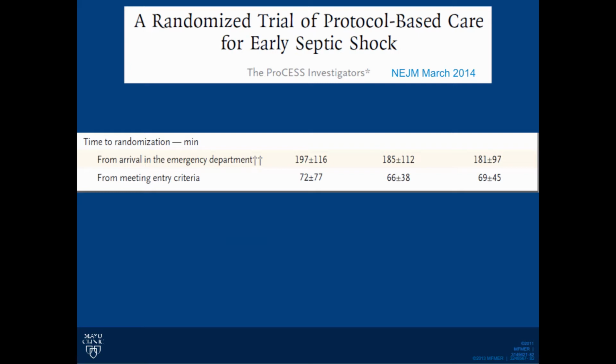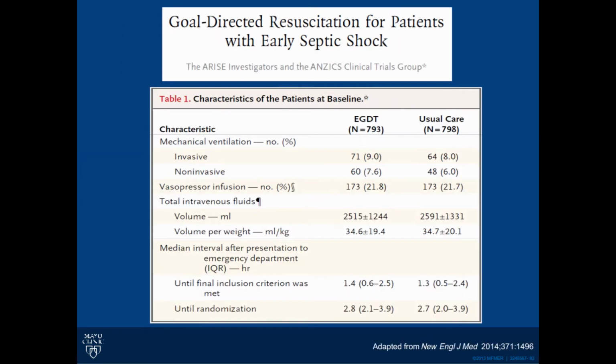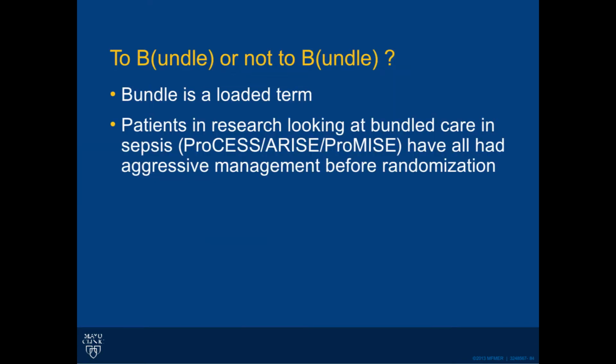And before the patients ever started to get the fluid and the things that the different protocol arms would call for, they'd already received about 30 milliliters per kilogram of IV fluid in all 3 of these trials. This is PROCESS, this is ARISE, again, 35 milliliters per kilogram prior to the patients being randomized into the treatment arms.